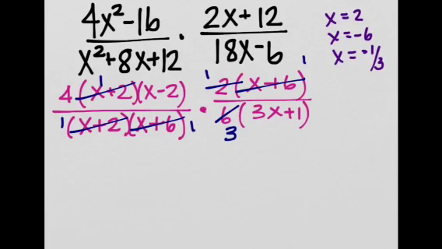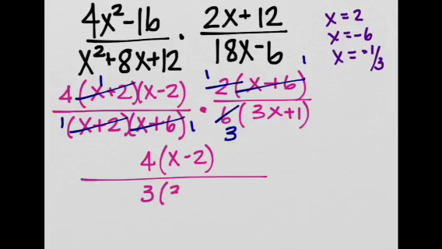I have a 4 and an x minus 2 on the top. And on the bottom, I have nothing in the denominator of the first fraction, but I have a 3 times a 3x plus 1 in the second fraction. And then, of course, I want to say x cannot equal 2, negative 6, and negative 1/3.